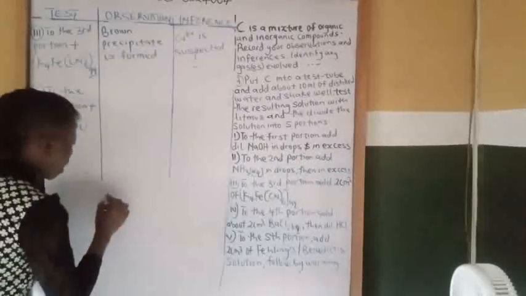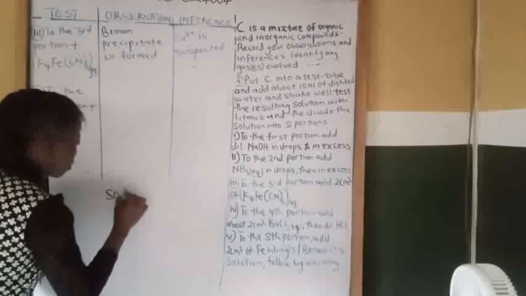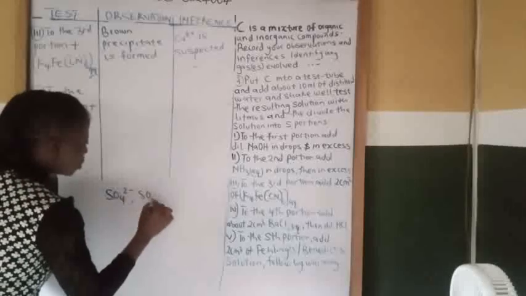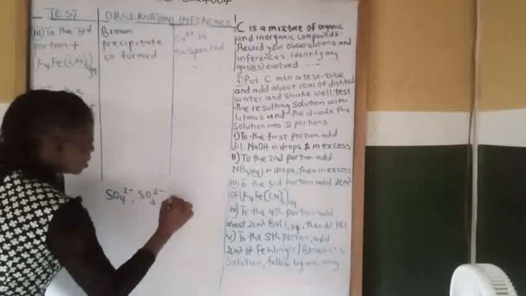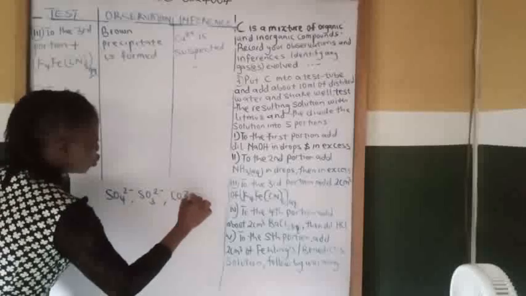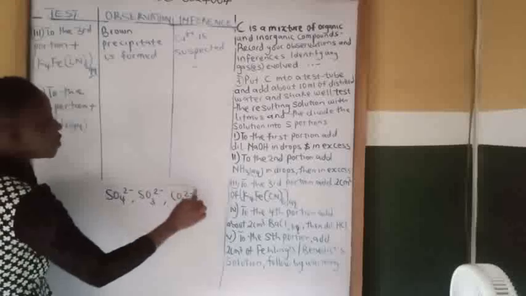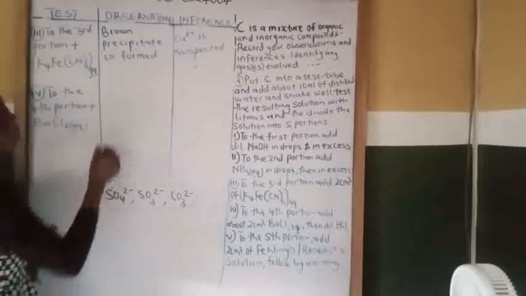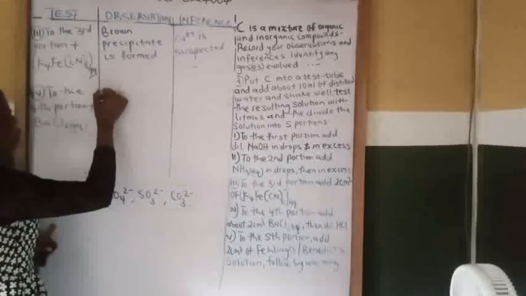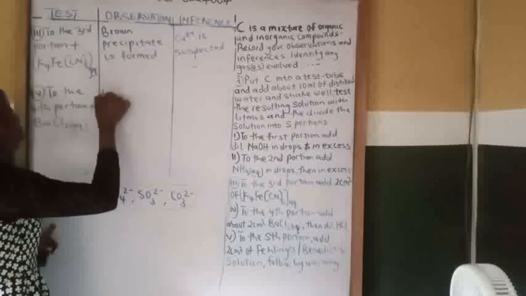So what are those anions? They are SO4 2 minus, SO3 2 minus, and CO3 2 minus. So addition of barium chloride to any of these anions will give us a white precipitate. So therefore, our observation is what?